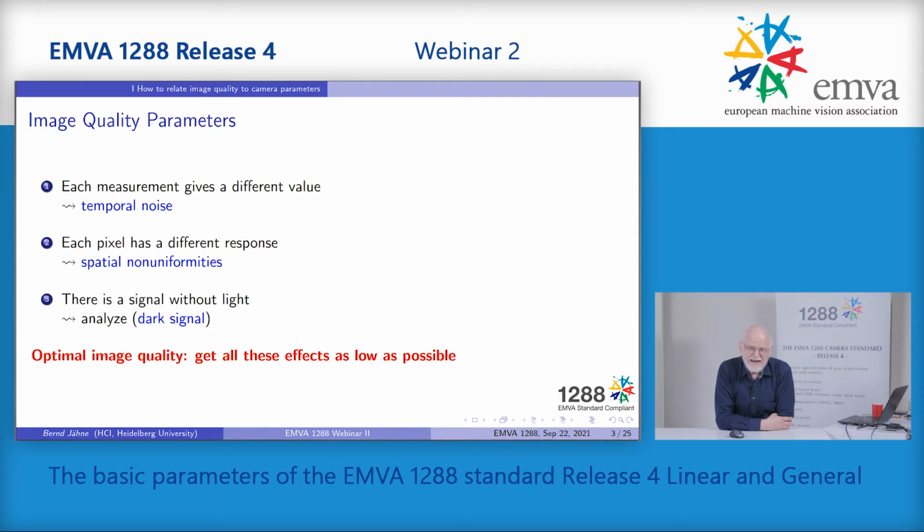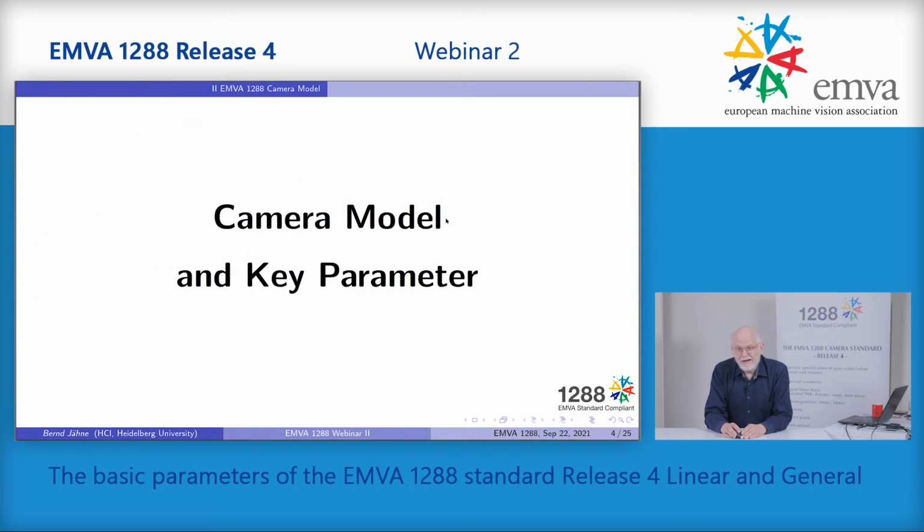So the question can never be answered without an application in mind. That will actually be the topic of the next webinar, not tomorrow, on Monday, sorry, where we specifically deal with the question, what do I need to know about my application to choose the best possible camera for it? Okay, so now let's go to the camera model and the key parameters.